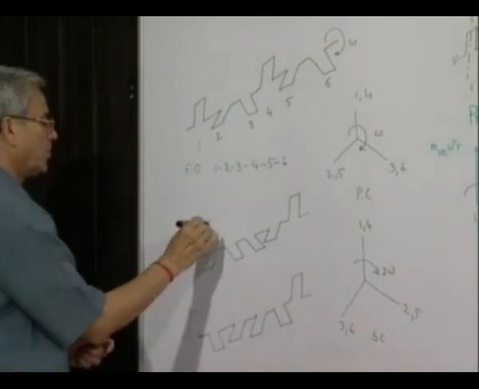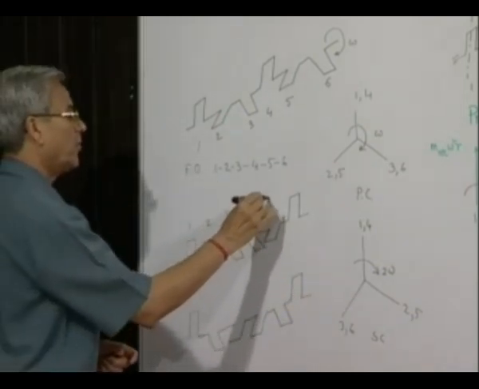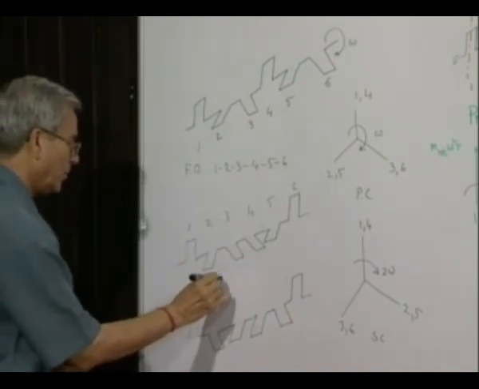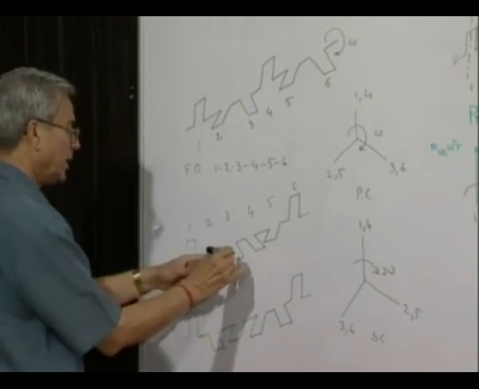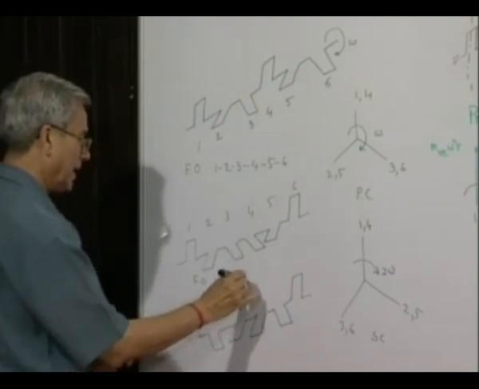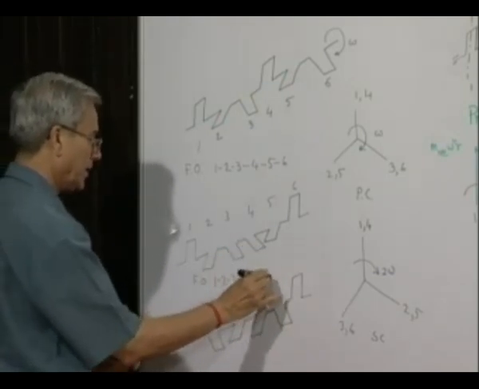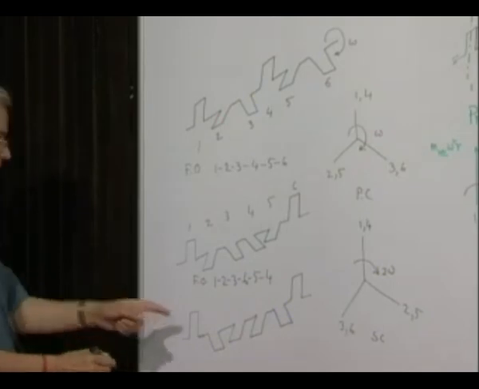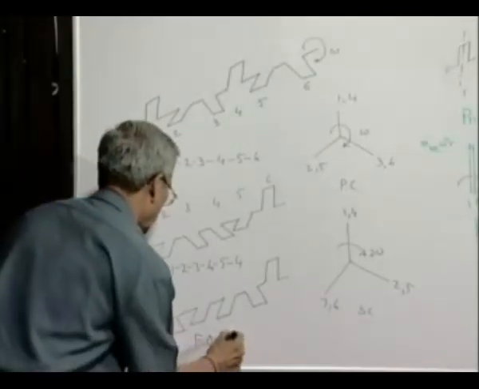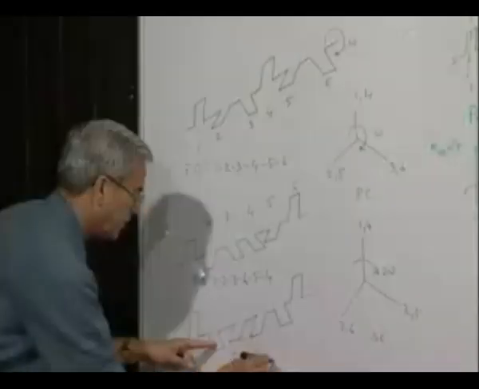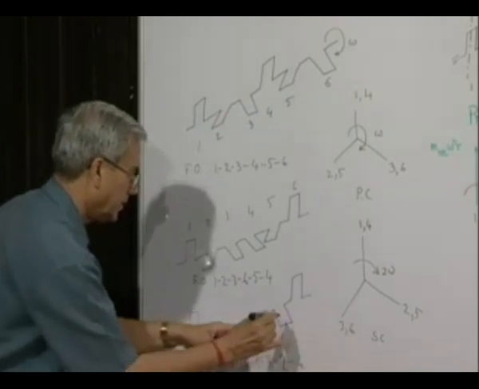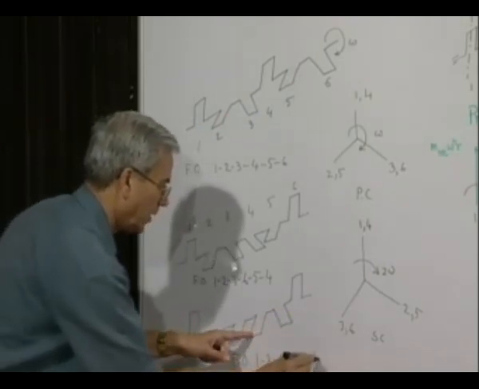So it is 1, 2, 3, 4, 5, 6. So firing order in this case will be 1, 2, 3. After 3, of course, 6 will be fired, then 5 will be fired, then 4 will be fired, then again 1 will fire. In this case, the firing order may be 1, then 3, then 2, then 6, then 4 and 5.